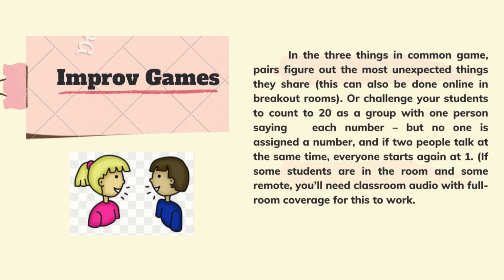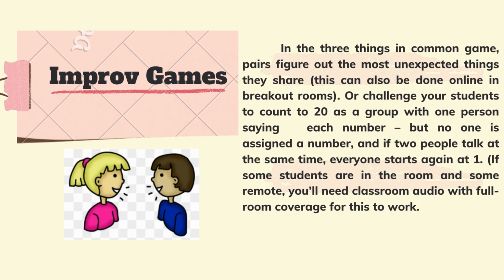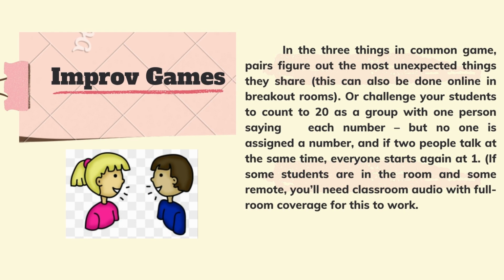Now our second interactive learning strategy is what we call Improv Games. In the 3 Things in Common game, pairs figure out the most unexpected things they share. This can also be done online in breakout rooms.